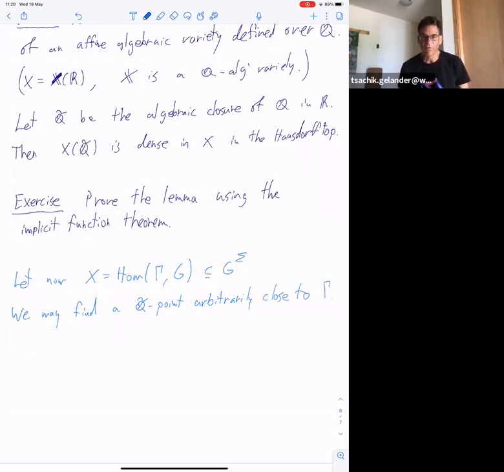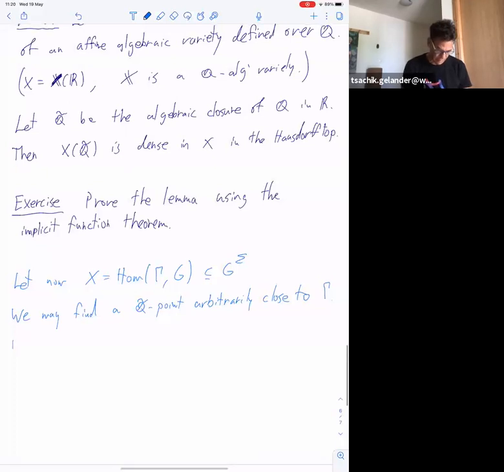In particular, we find a map f from Γ to G(Q̃), close to the identity, to the inclusion.